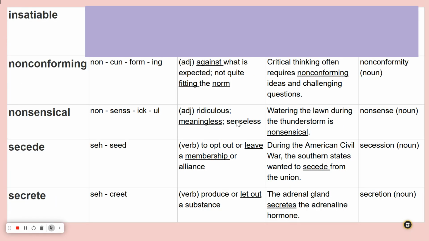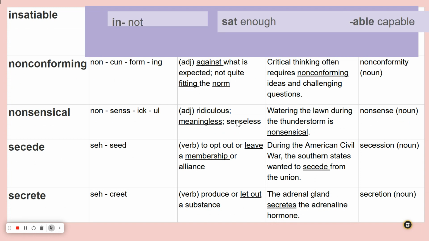Insatiable, insatiable. So let's pull up some word families here. In means not, or makes something the opposite. Sat or sate means enough from our word families list. So already we have not enough. And then we have capable or able, which means capable.